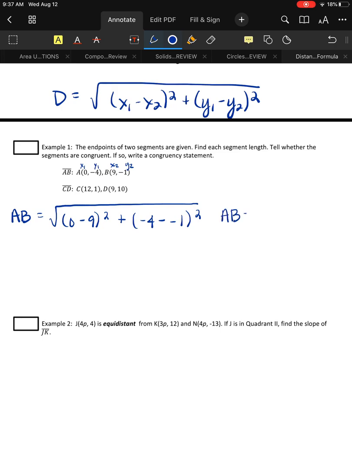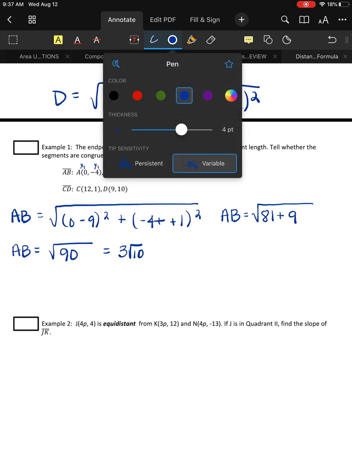So AB is equal to the square root of 0 minus 9 is negative 9, but negative 9 squared is 81, plus negative 4, a minus a negative becomes a positive, so negative 4 plus 1 is negative 3, and negative 3 squared is a positive 9. So AB is equal to the square root of 90. And we can simplify that. We can factor 90 into 9 and 10, and the square root of 9 is 3. So 3 root 10.